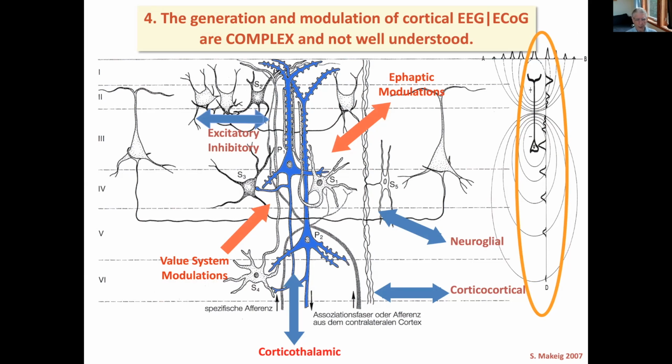The cortical thalamic loops also are thought and understood to support oscillatory behavior. And finally, the ephaptic modulations, that is, the effects of field potentials on the timing of spikes, form a feedback loop that can further influence brain network activity at the field potential level.